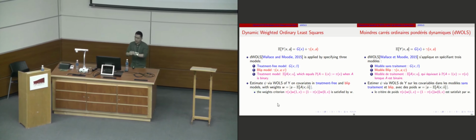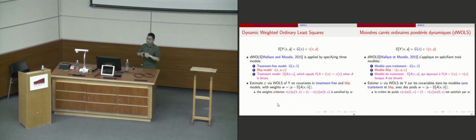Model misspecification is a real, serious problem. It's hard to model this. Also, for the blip part, we assume a linear model, while the truth could be a very complicated function. On one side, it's easy to explain to the physicians.